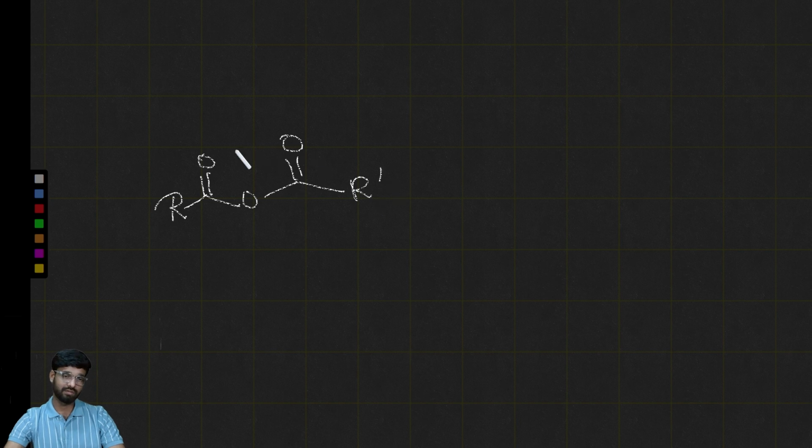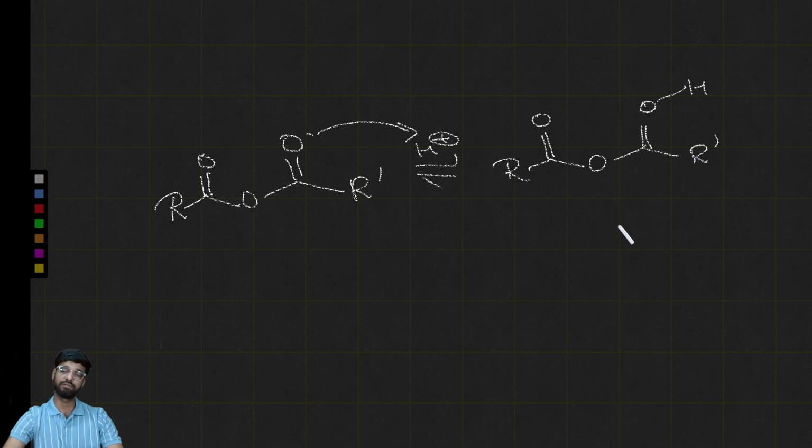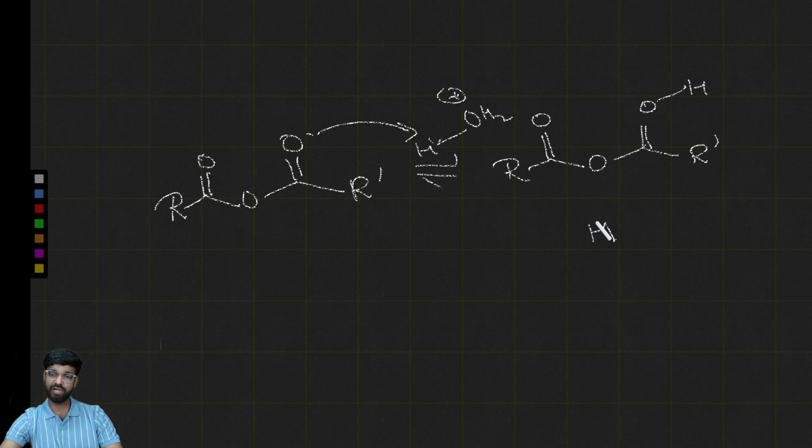So what will happen? First of all, this thing will be protonated in the presence of H plus. So it will result in the formation of OH plus. Okay, and R dash. Now we have H2O in water. Suppose this H plus is given by H3O plus. Now we are left with H2O. Now this H2O, oxygen has a lone pair, it will again attack here.